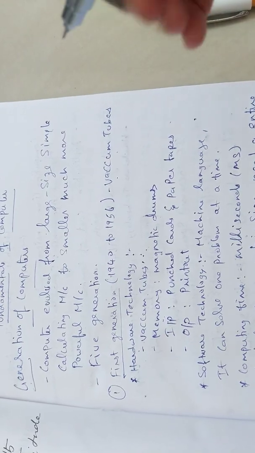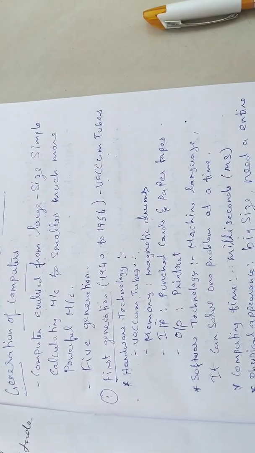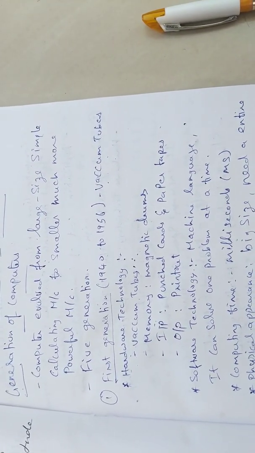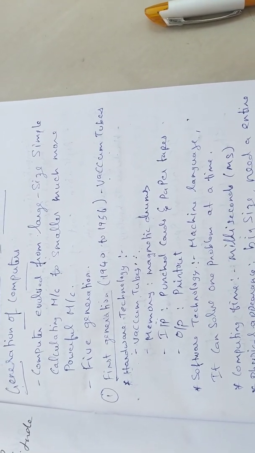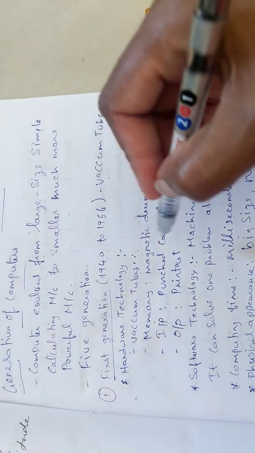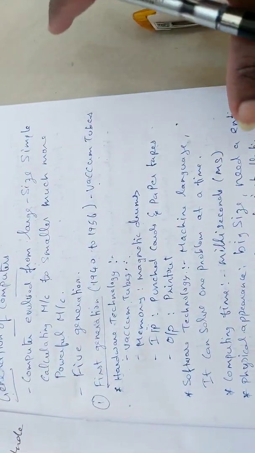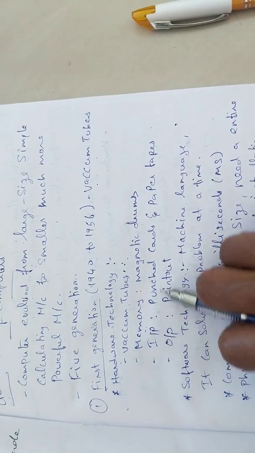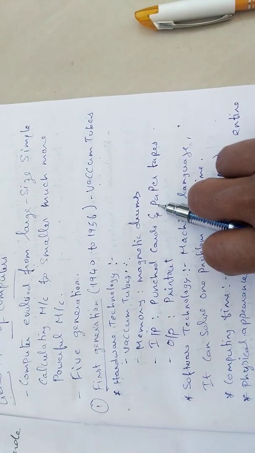In those days, to give an input, nowadays you give an input through the keyboard, at least you know that. Those days there was no keyboard, no monitor, nothing. The input was given through punched cards or punched tapes.